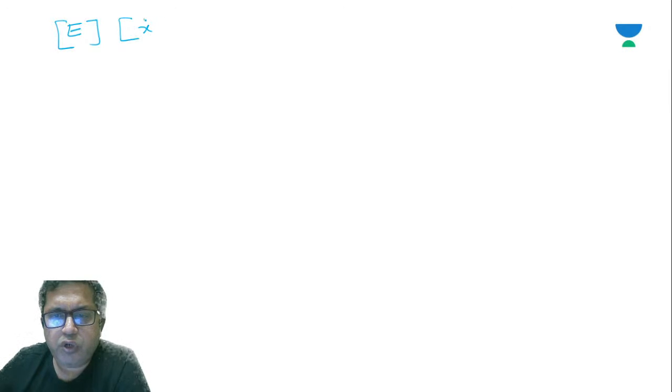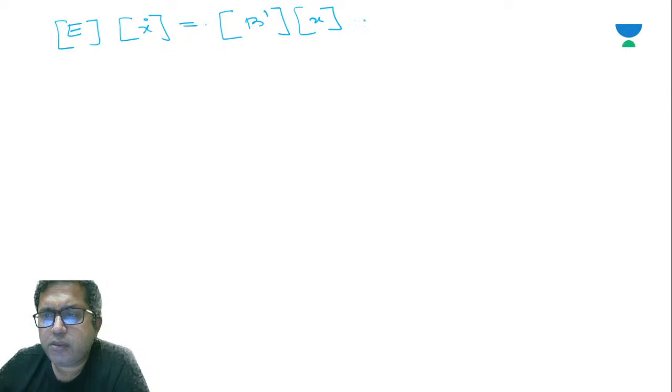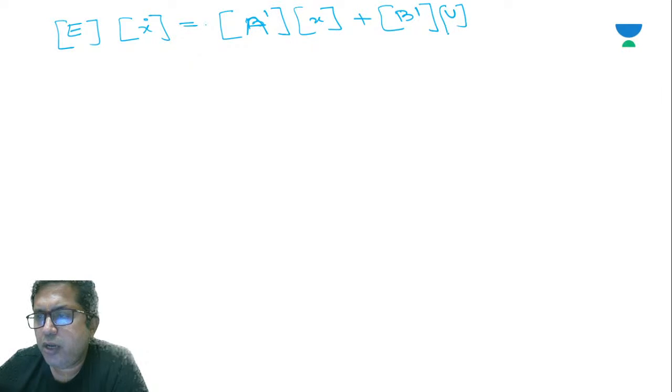This is the X dot matrix. This is, sorry, suppose the A dash matrix, X matrix, B dash matrix, U matrix, input matrix.